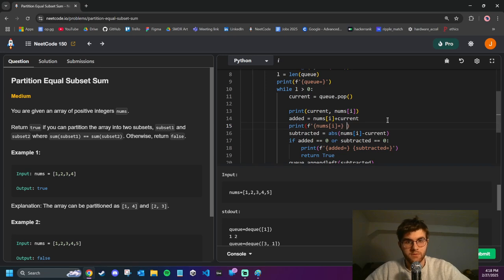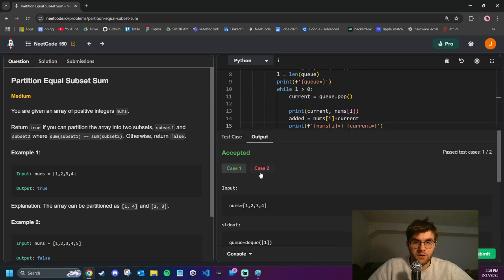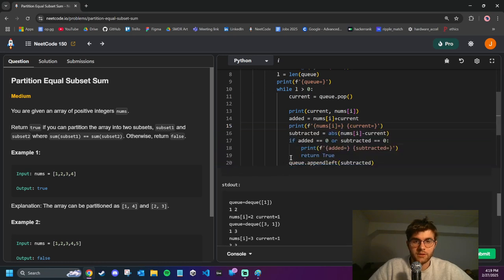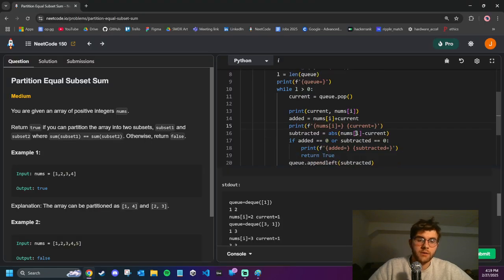So let's see what nums of I is and what current is. Nums of I equals 3 and current equals 3. Why does current equal 3? Oh, well, it is balanced.